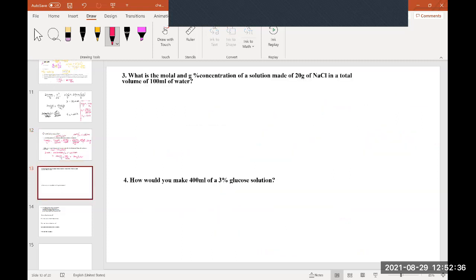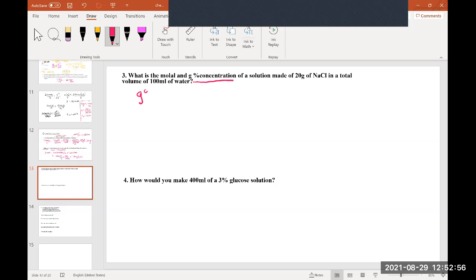What about the next problem? What is the molal and grams percent concentration of a solution of 20 grams of sodium chloride in a total volume of 100 milliliters of water? Well, let's start with the grams percent concentration.